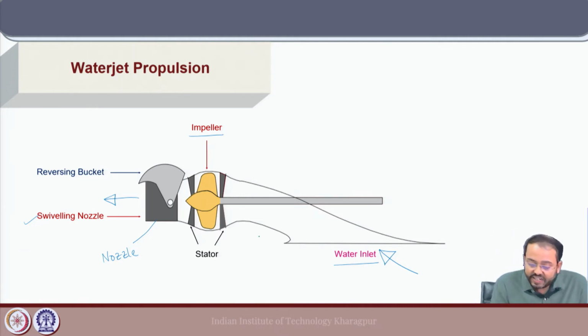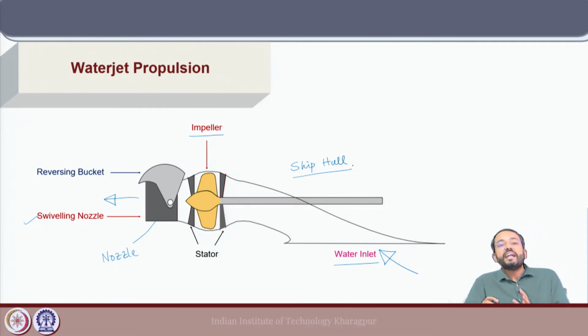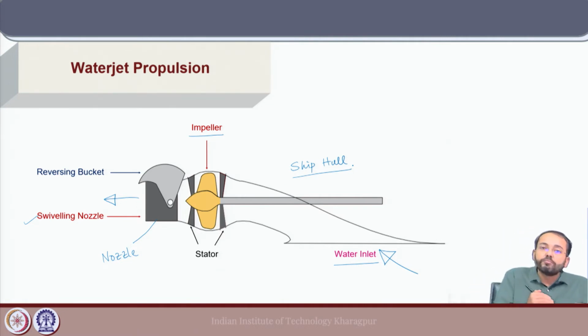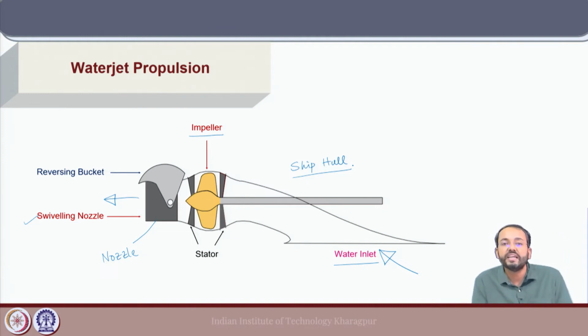So, this entire propulsion system is housed within the ship hull, and that is one of the critical characteristics of a waterjet propulsion system, that the entire propulsion system, including the impeller, which is the pump producing acceleration to the water, is housed within the hull of the ship at the stern, and hence it takes up a huge volume within the ship.